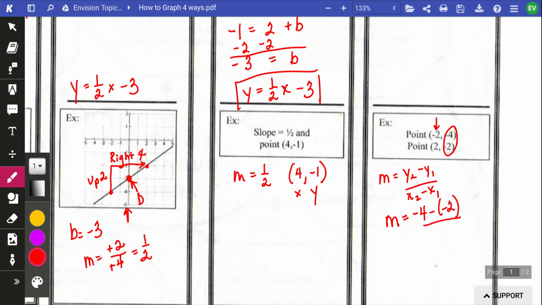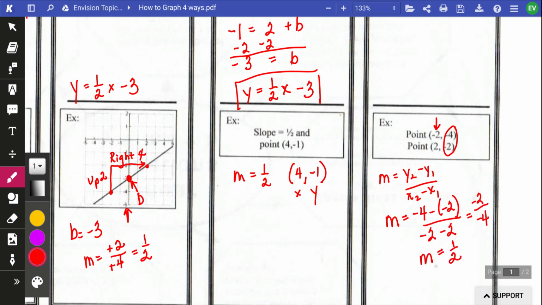And the other two pieces are my x's. So -2 minus 2. So -4 minus -2, or -4 plus 2 gives me -2. -2 minus 2 gives me -4. And if I simplify that, we get +1/2. You don't have to simplify the slope, but it certainly makes it easier as you do other things. So try to simplify your slope each time.